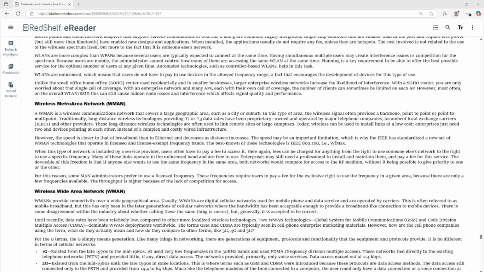Many of these links operate in the unlicensed band and are free to use. However, an enterprise may still need a professional to install and maintain them and pay a fee for this service, which therefore means there is still a fee compared to the other ones.